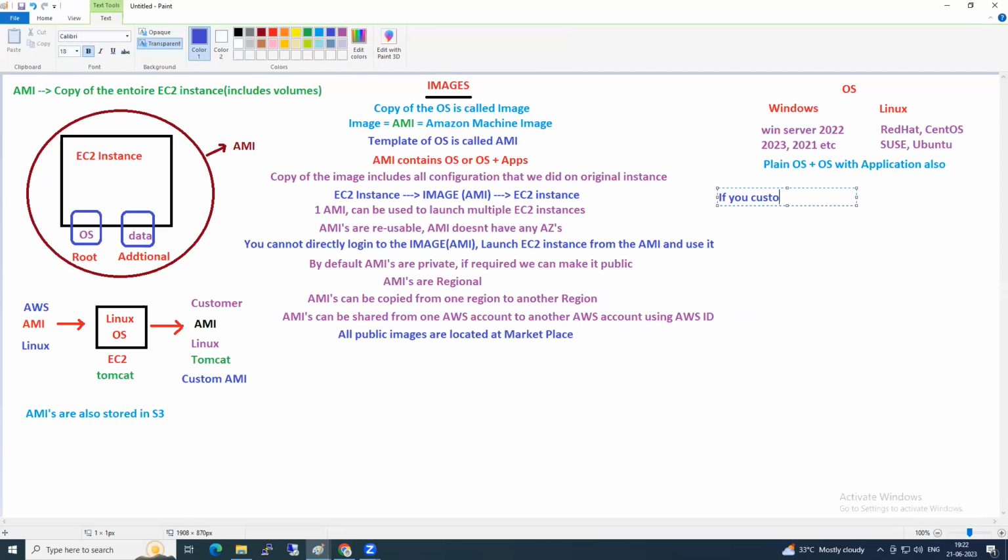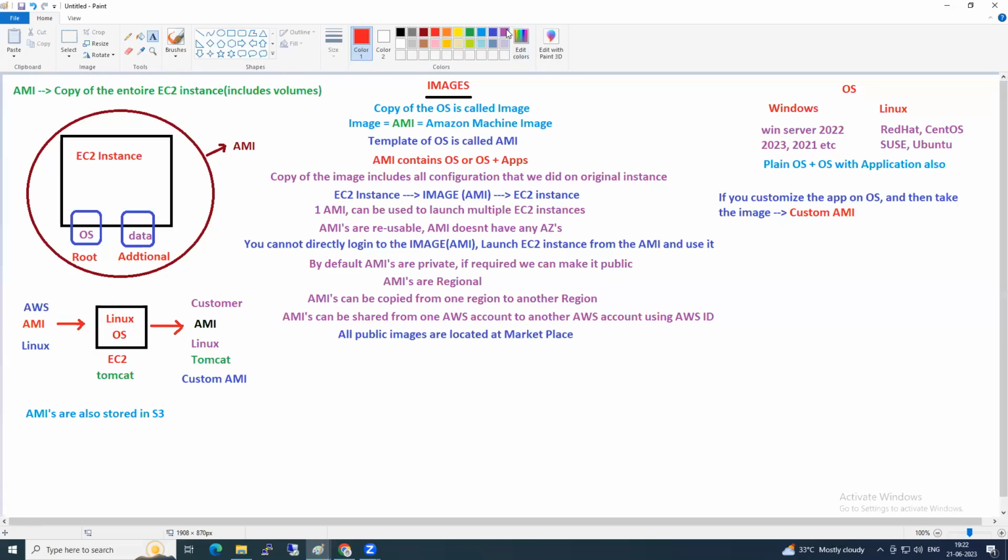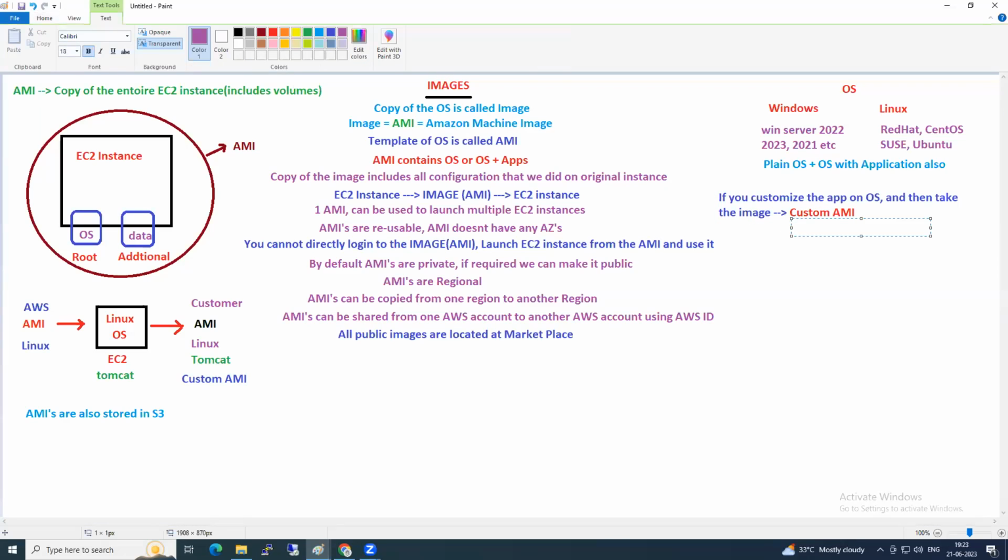Guys, if you customize the application on the OS and then take the image, what is that image called? Custom AMI, yes or no? This is called custom AMI. That means you are doing it manually. You're taking the image manually. Yes, that is called manual.